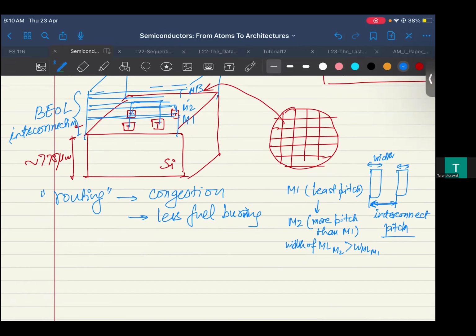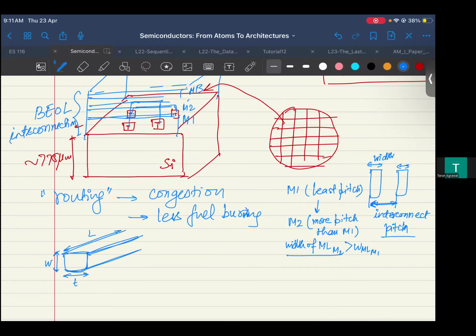And that also results in something about the resistance of a metal line, so let me briefly talk about the metal line. This is a metal line, this is the length of the metal line, and this is the cross section of the metal line, which is the width and the thickness. So the metal line looks like a 3D cuboid.